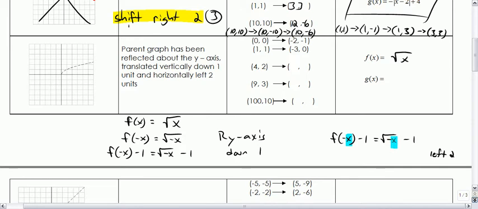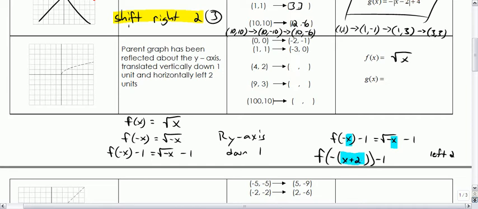So whatever I substitute in for x, I'm going to put in parentheses, because something is currently happening to x, before I substitute in the x plus 2. So f of negative, I'll put my x plus 2 in there, minus 1.